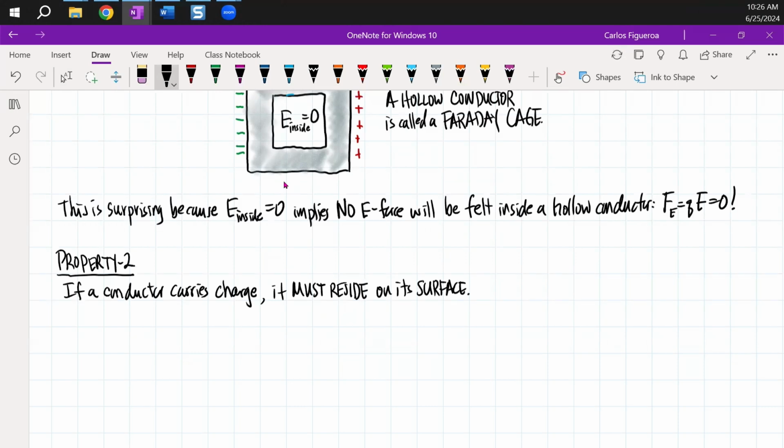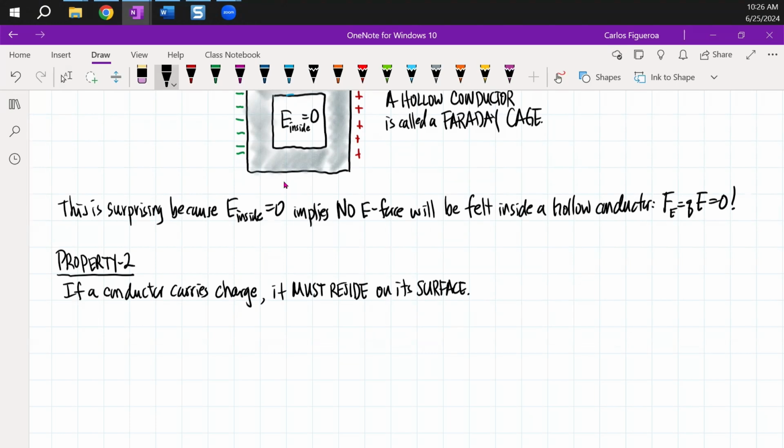So think about that. We have all these electrons, and none of these free electrons can be inside a conductor. I mean, that's kind of odd if you want to think about it.